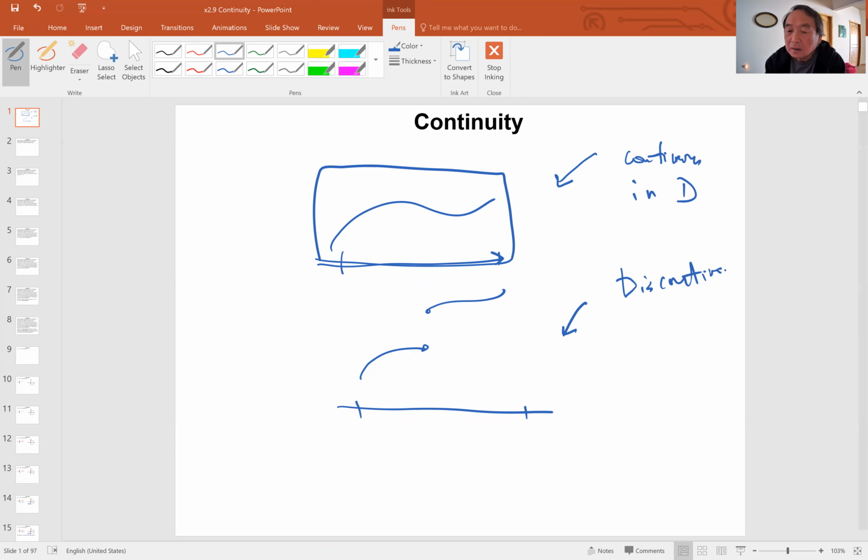Continuous in some domain D. In particular, there will be a point where it's broken. We will talk about being discontinuous at the point x equal to a.